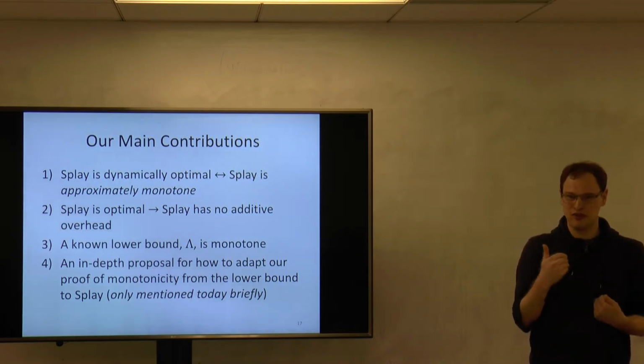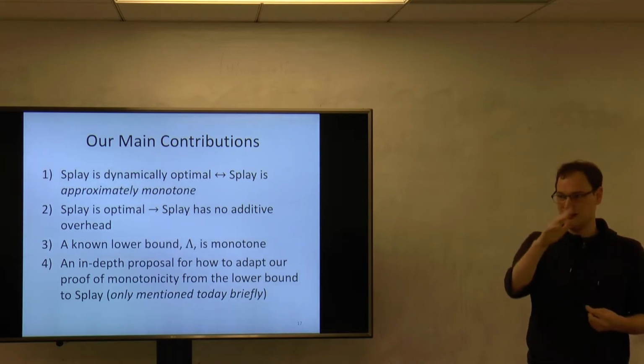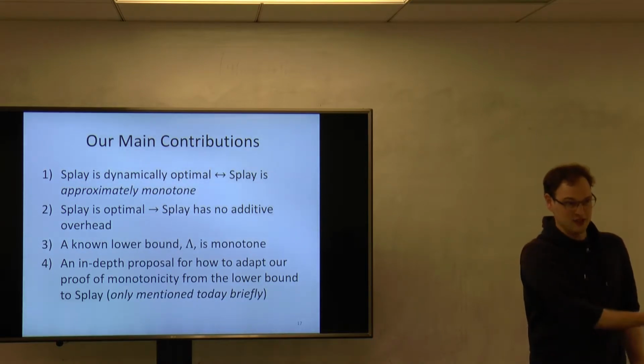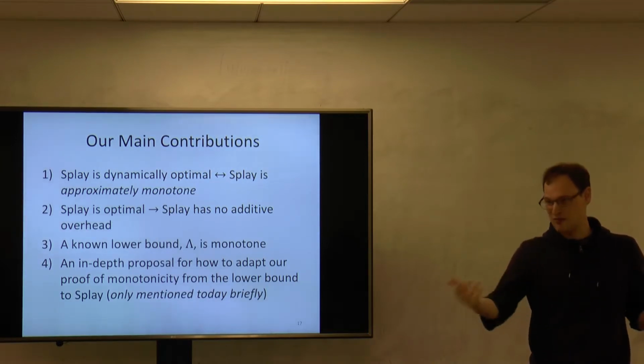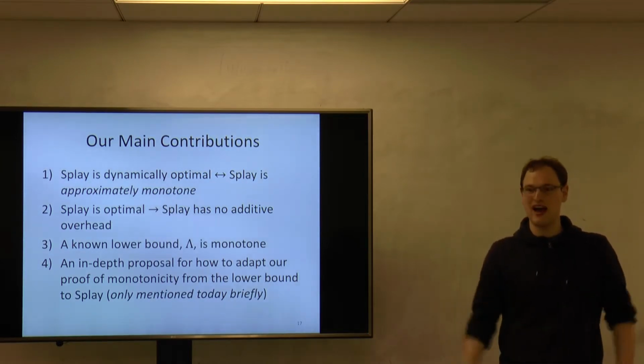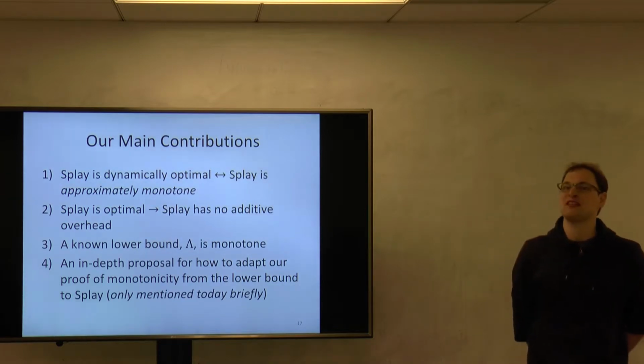So a priori, you might imagine if I start with a bad tree, like a left path or something, then it'll take some number of splays to get the tree into a more balanced state, and maybe there's some n log n additive overhead, something like that. That's conceivable a priori, but that actually can't be the case.